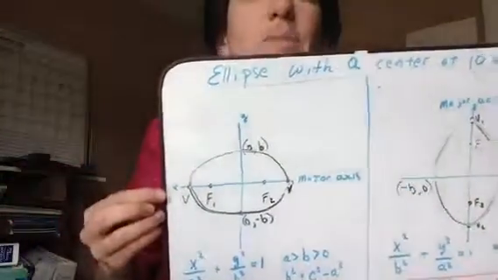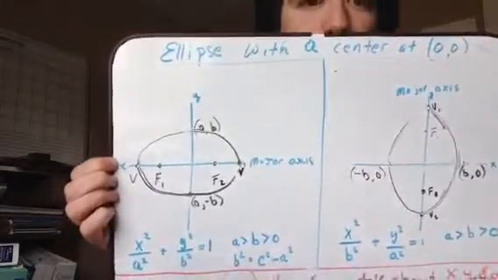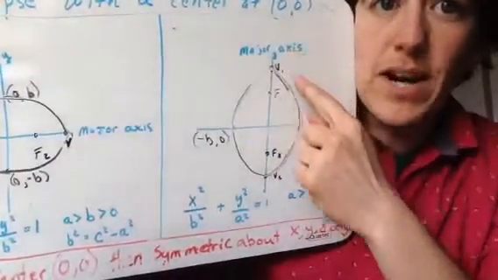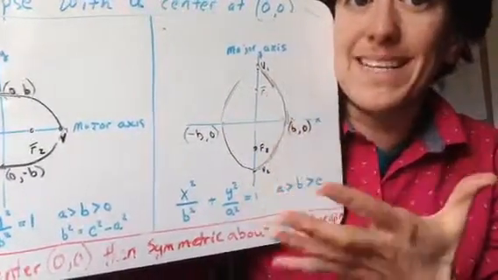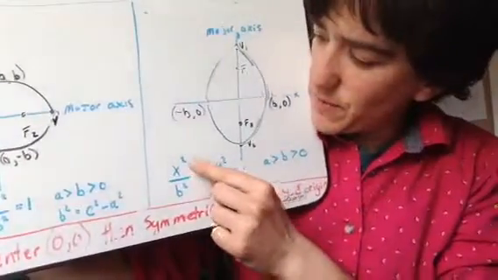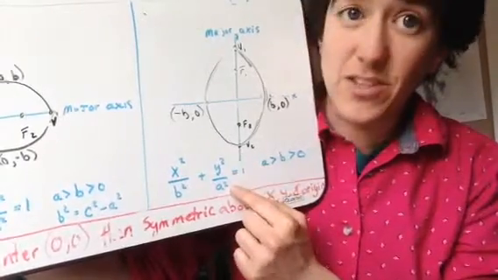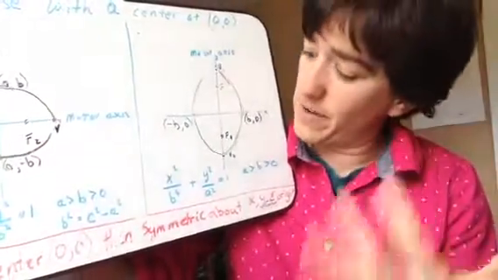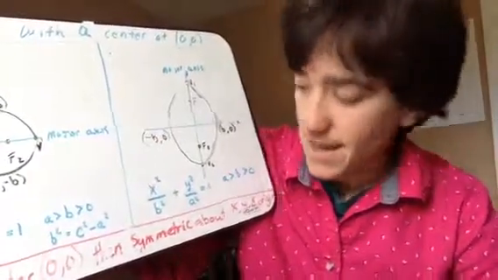That's the equation of an ellipse that has its major axis as the x-axis, and it has a center of (0, 0). If I look at an ellipse with my major axis being the y-axis, notice the foci and the vertices lining up there, that's how I can identify that, then my equation is slightly different. It's x squared over b squared plus y squared over a squared equals 1. Now you might be wondering, what is a squared and what is b squared? That's what we're going to look at next.